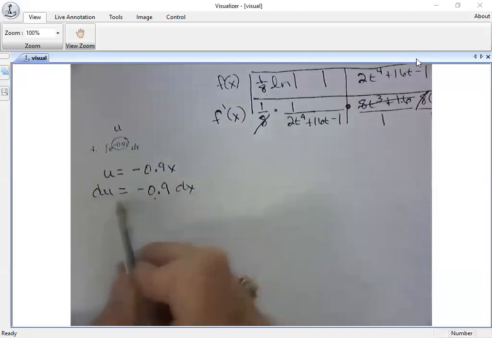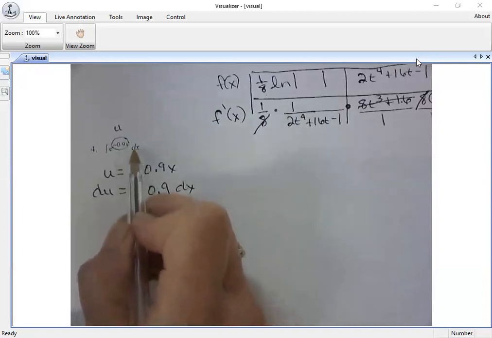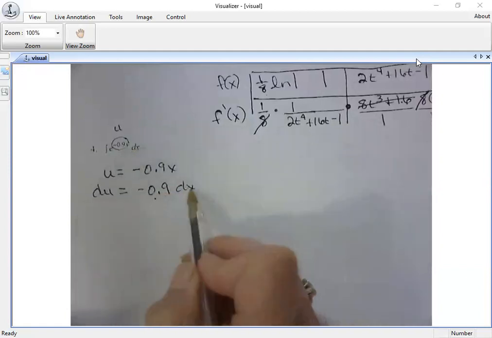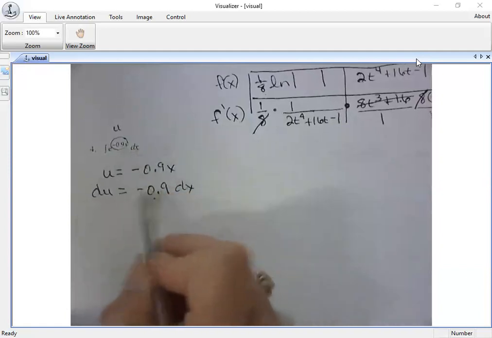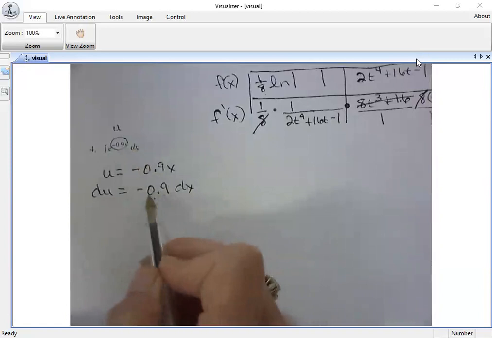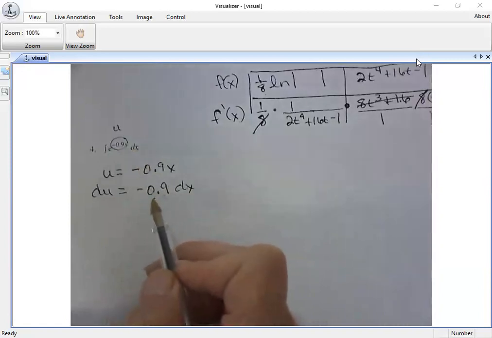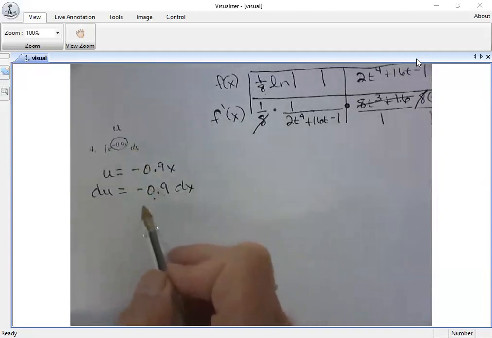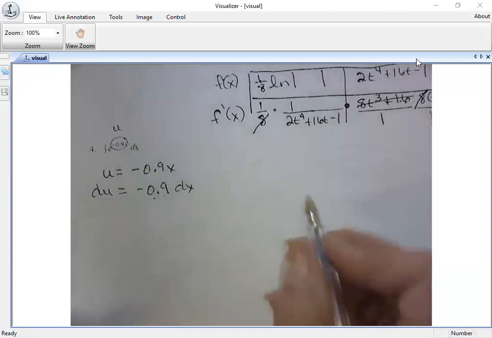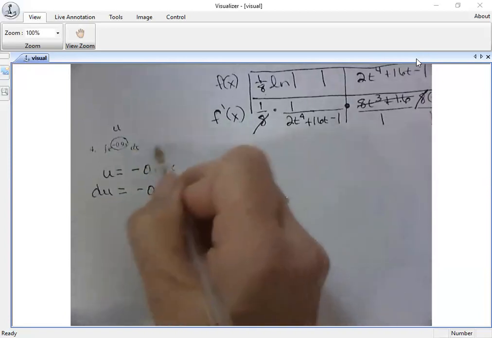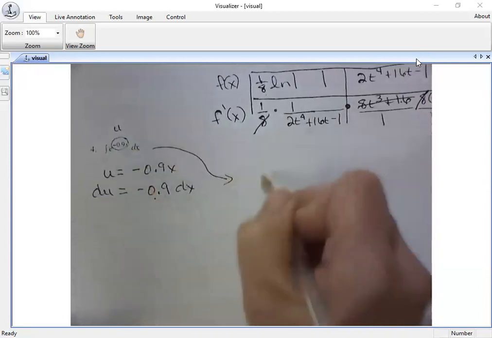That's in my du, but it's not up here with the dx. I've got the dx, but I don't have this as a coefficient, right? Okay, is that fixable? It is because it's just a constant. Yeah, so let's see if you can tell me how you might want to rewrite this.